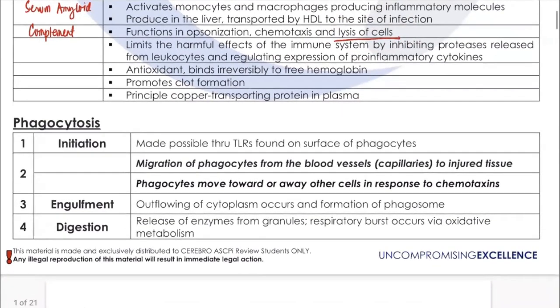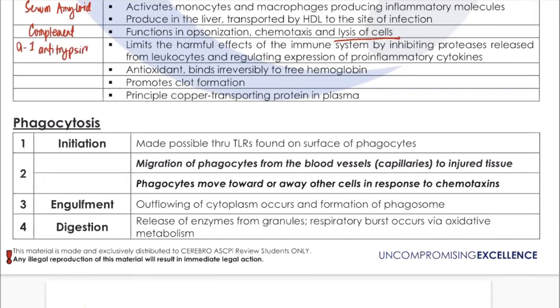Next, we have limits the harmful effects of the immune system by inhibiting proteases released from leukocytes and regulating expression of pro-inflammatory cytokines. This is the one that I am emphasizing earlier, that sometimes these acute phase reactants are sweeping off the harmful effects of inflammation. So this is alpha-1 antitrypsin.